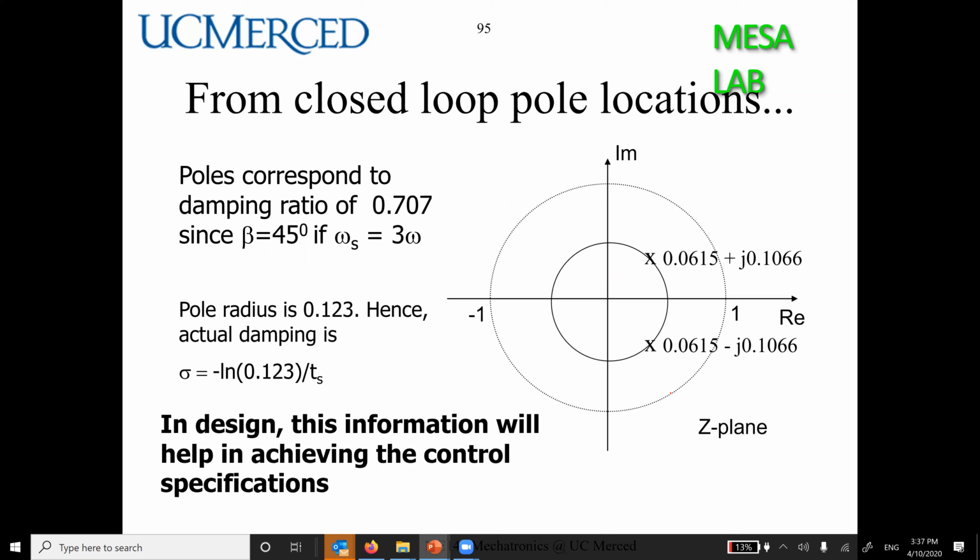This is a computation of closed loop pole location. Usually you want the system to be stable, or to have an oscillatory response. Then your poles are probably located like this, a complex conjugate pair within the unit circle.